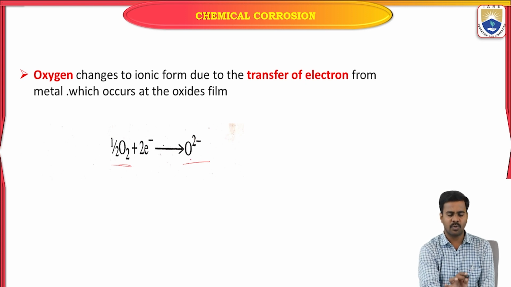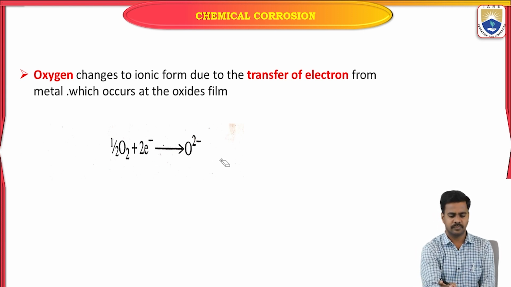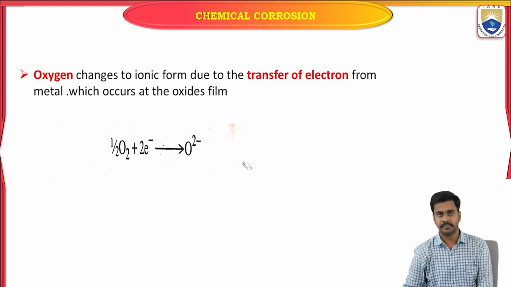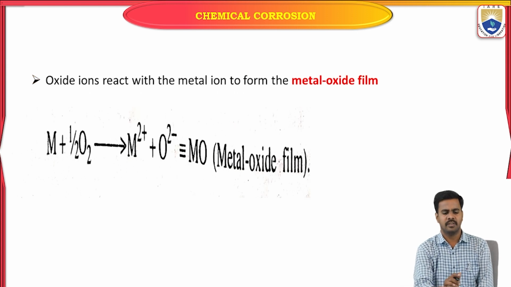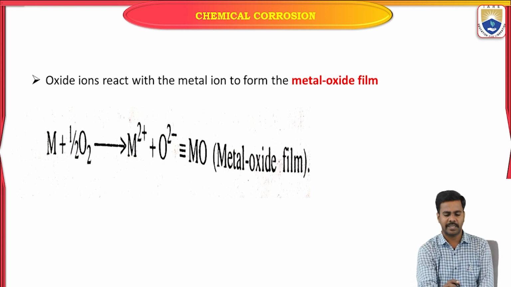How does it convert into oxide ion? By the transfer of electrons from the metal to oxygen. The oxide ion then reacts with the metal ion to form a metal oxide film.